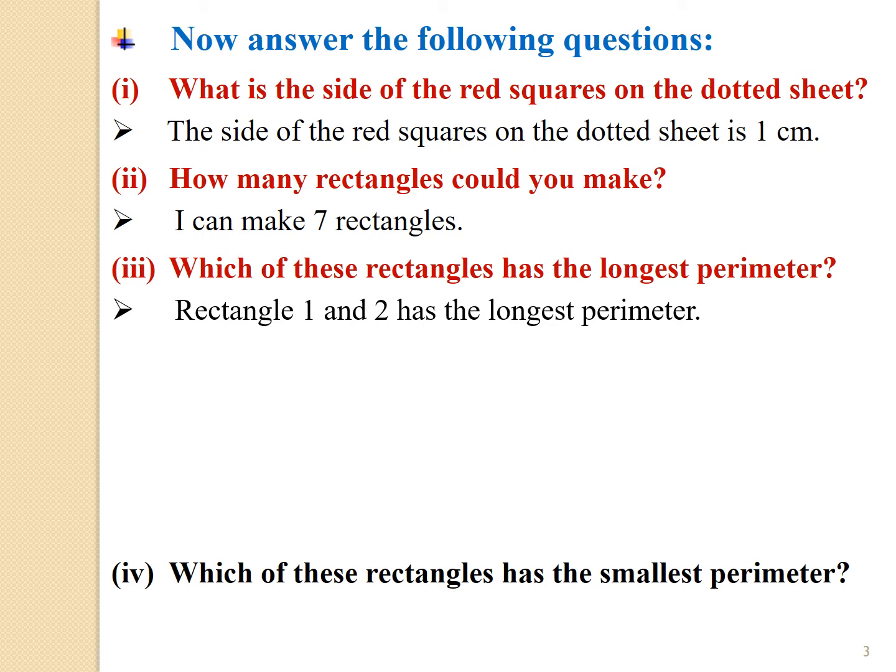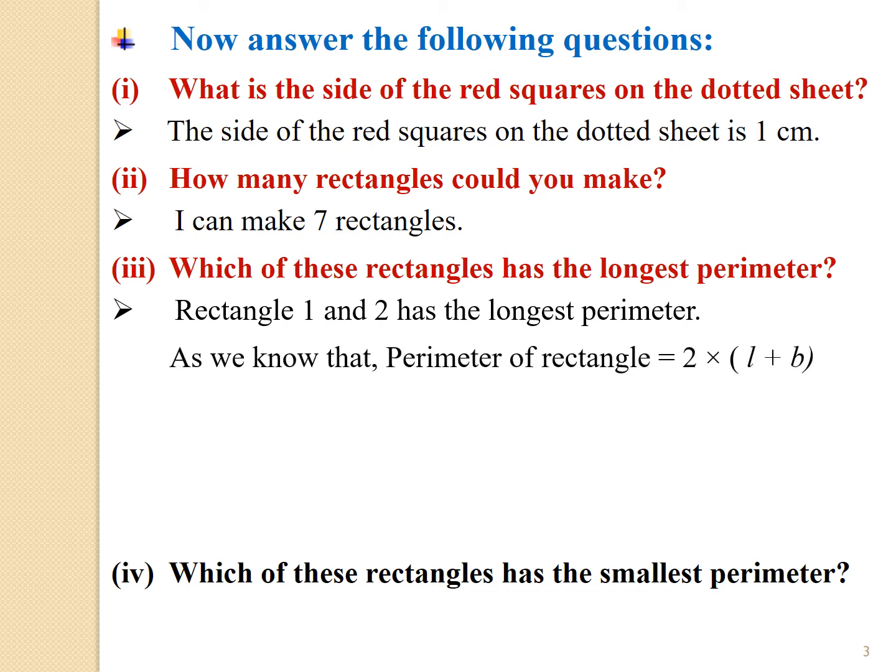As we know, the perimeter of a rectangle equals 2 into (length plus breadth), which is equal to 2 into (1 plus 12), which is equal to 2 into 13, which is equal to 26.